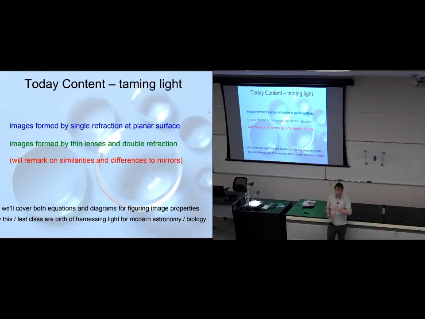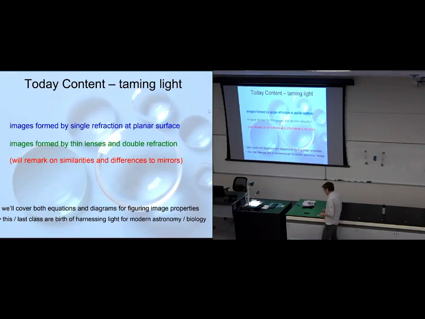We're also going to talk about images that are formed by lenses, which involves two refractions, a pair of refractions, as the light goes into and out of the lens. So we're going to talk about images formed by double refraction. As we do these two examples, we'll make some comparisons to mirrors, because a lot of what we do today is similar to what we found in mirrors, but there are some differences between lenses and mirrors that we should point out.